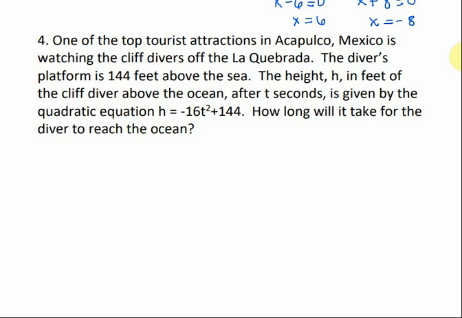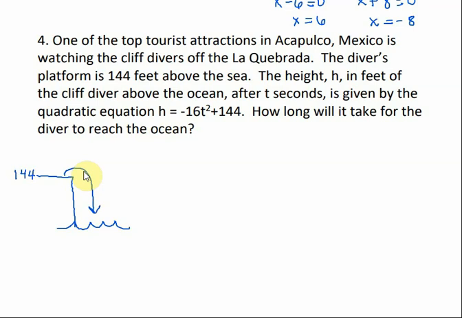First of all, let's sketch this out to see what they're talking about. Okay, so we have this cliff, and the cliff divers dive into the ocean. All right, so they dive down here. Well, this is 144 feet high. The question is, how long will it take for the diver to reach the ocean?